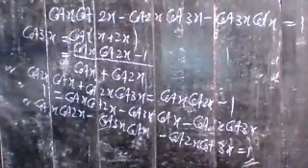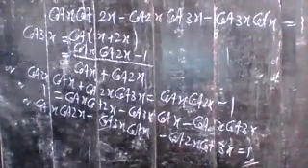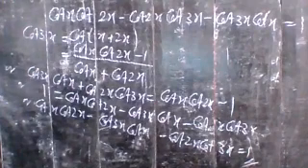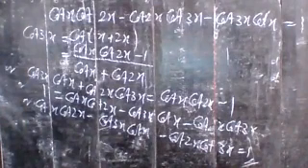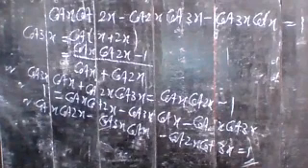This question is the same as the one we solved in the previous class, tan 3x tan 2x tan x is equal to tan 3x minus tan 2x minus tan x.